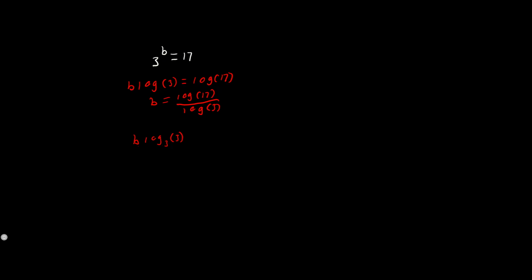And then as we see that they have the same base and the same inside, we can go ahead and just have this cancel out because it's just going to be 1. And here we have b is equal to the log 3 of 17, which is the same thing as that.